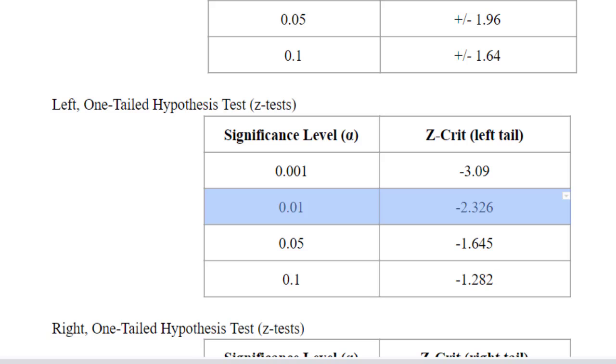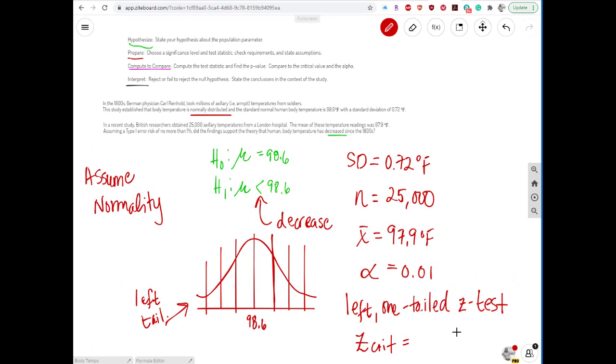So I'm going to go back to my Ziteboard and write down that my ZCrit is negative 2.326. So if I were going to mark that here, right, here is 0 z-score, 1, 2, 3, negative 1, negative 2, negative 3, then negative 2.326 is going to be right about here, approximately. And everything that is on this side, I'm going to reject. And anything that's on this side, I'm going to retain.